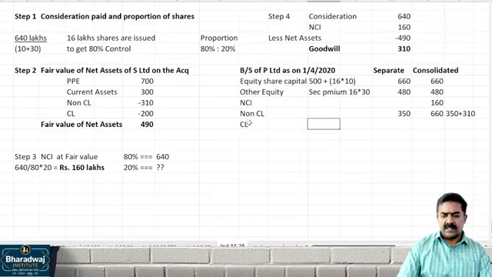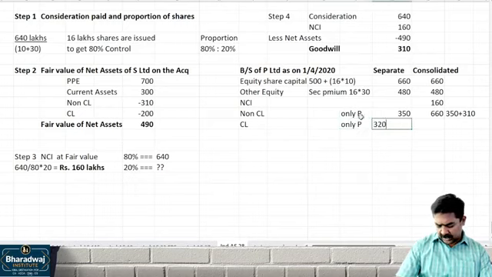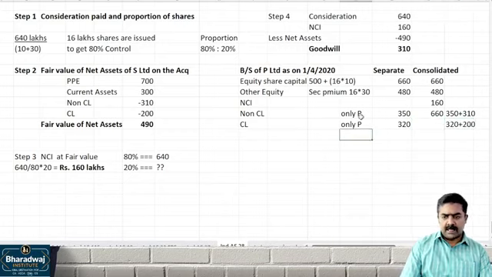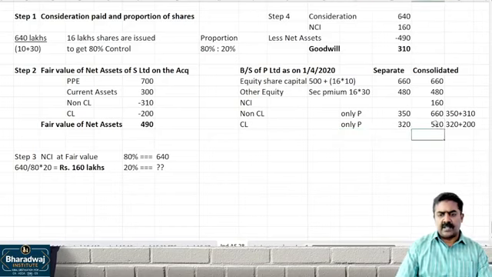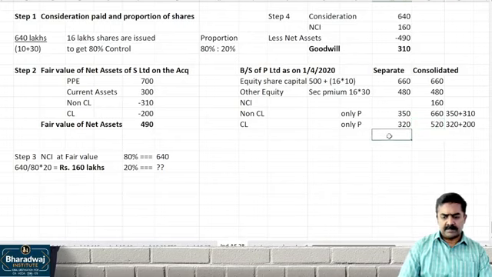Current liability. Separate balance sheet only P will come. எவ்வளவு இருக்கு? 320. Consolidated 320 plus 200. How much will come? 520. That's it.